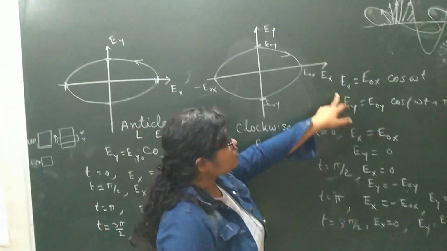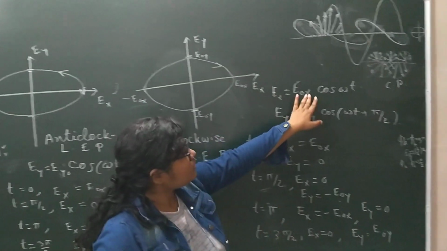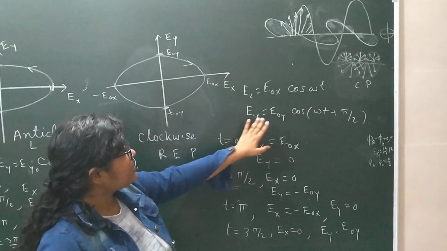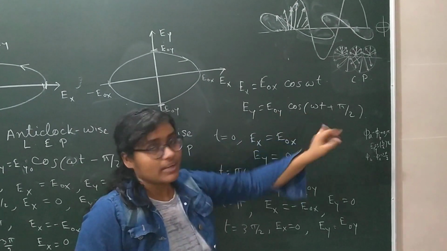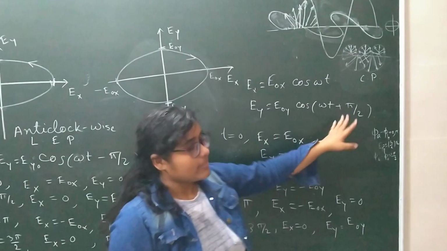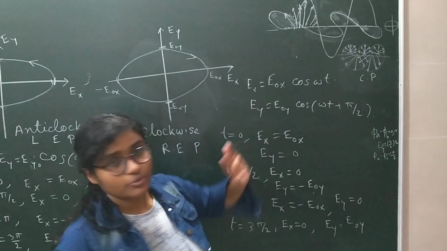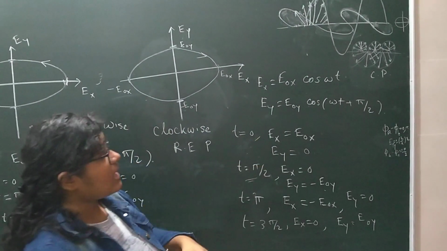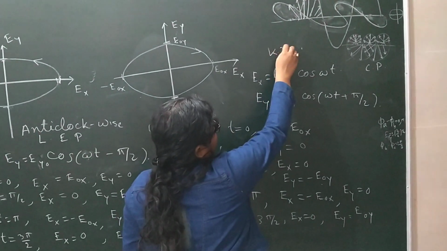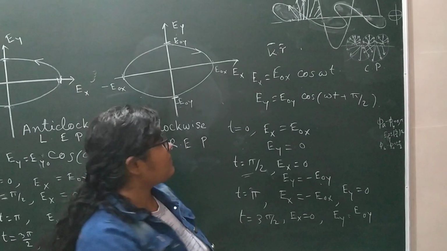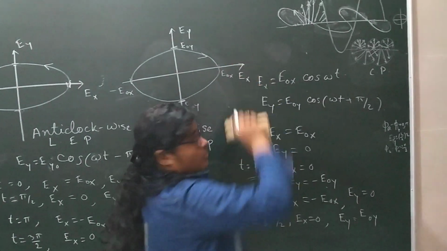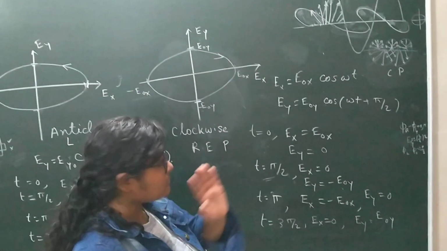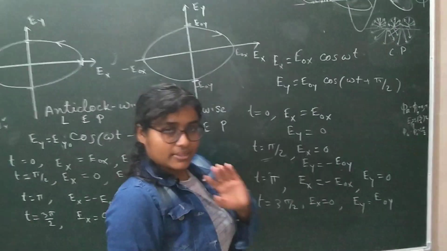Suppose you have the two components, Ex equals E naught x cos omega t and Ey equals E naught y cos of omega t plus pi by 2. I am taking the pi by 2 case where E naught x and E naught y are different. First, I don't take the k dot r term, I just make it 0, taking the point at the origin, to make it as simple as that.